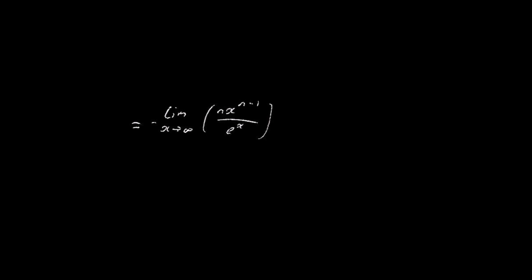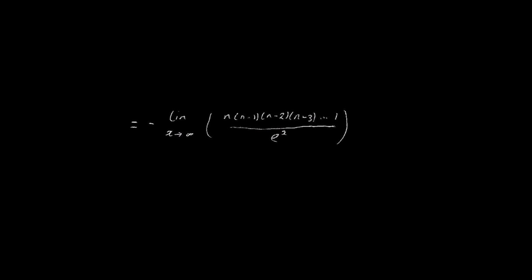You notice e to the x does not change, for it is its own derivative. This means that we can keep doing this over and over again until we get x to the 0 or 1. We end up with the limit as x approaches infinity of some constant over e to the x. That e to the x is just going to keep growing, that constant is going to stay constant, and we're just going to be left with 0.